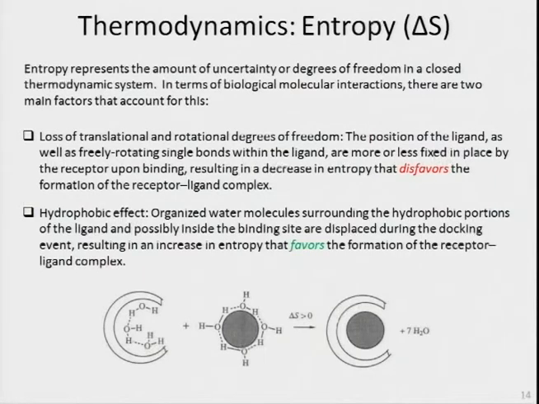First of all, we have the loss of translational and rotational degrees of freedom, which means the position of the ligand, as well as any freely rotating single bonds within the ligand, are more or less fixed in place when it binds to the receptor. They can't really move around. So they've lost that degree of freedom when they bind. So this results in a decrease in entropy that will disfavor the formation of the receptor-ligand complex.